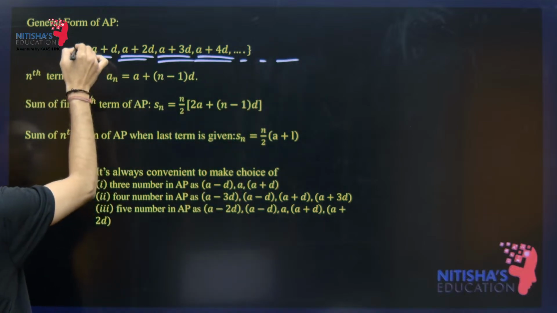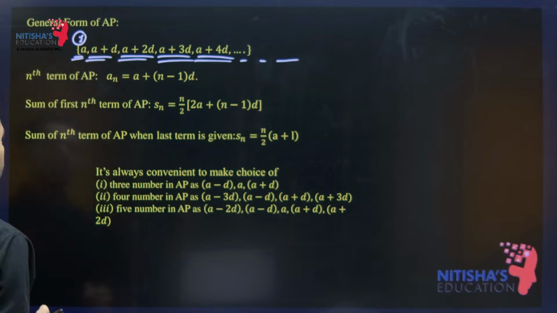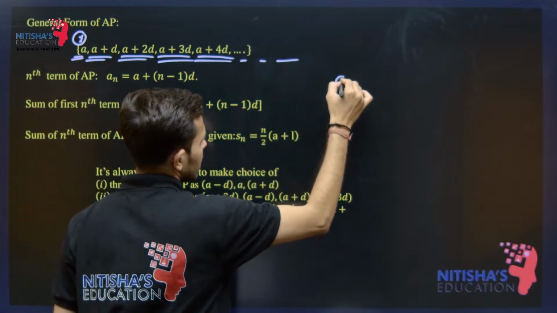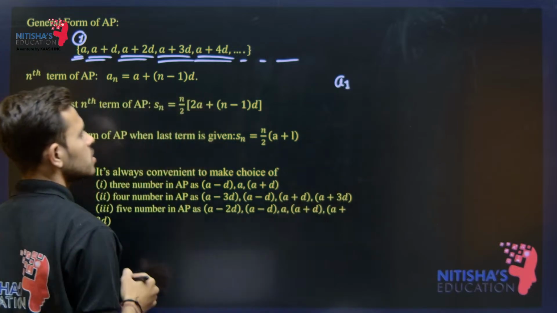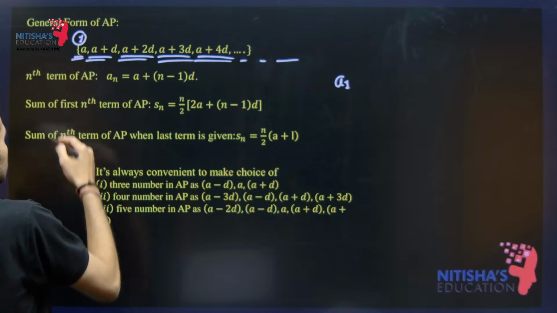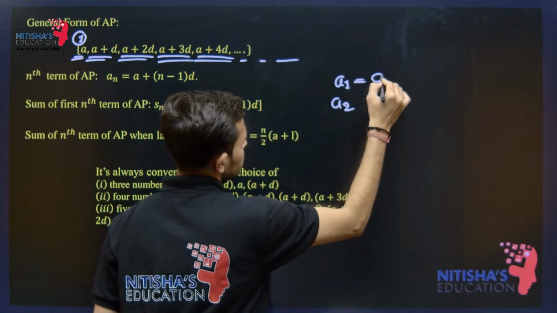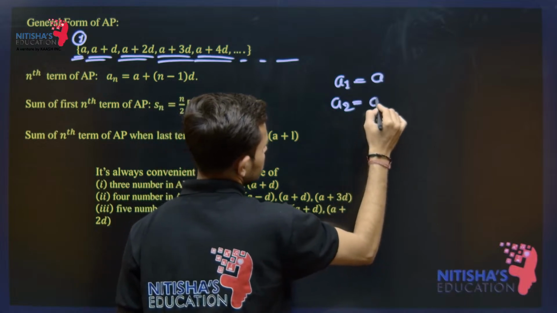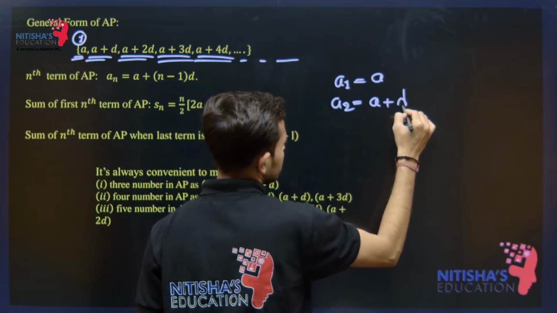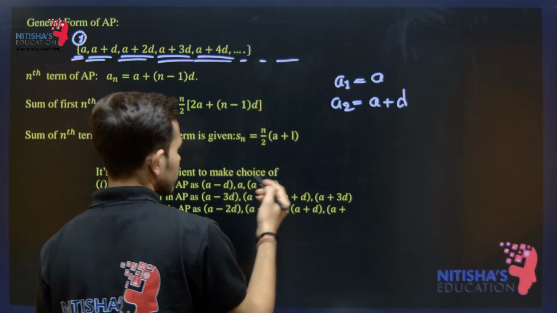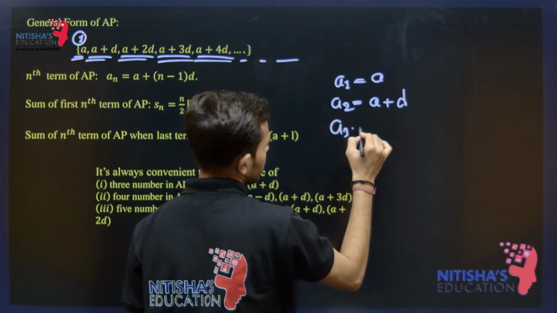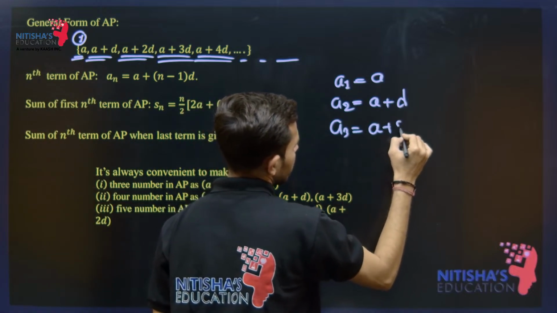As you can see, a is our first term, which is denoted by a1. The second term is a2, which is a plus d. Now the third term, a3, is a plus 2d.